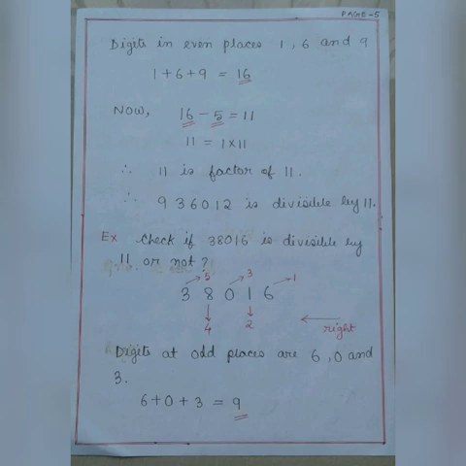That is 9 minus 9 is equal to 0. The difference is 0. Therefore 38016 is divisible by 11. If the difference is 0 or a multiple of 11, the number is divisible by 11.